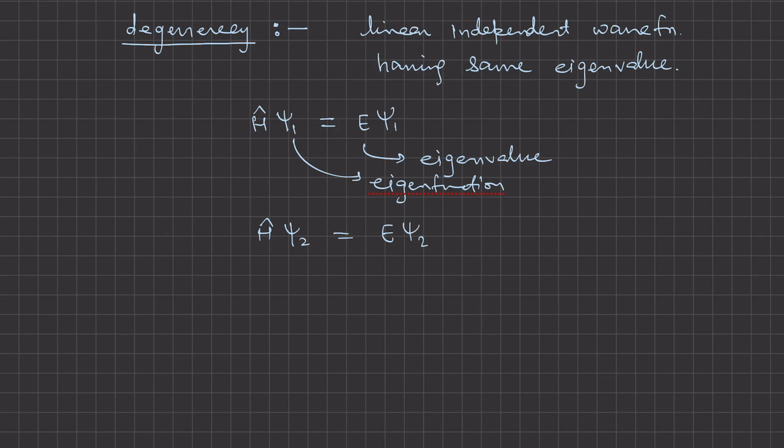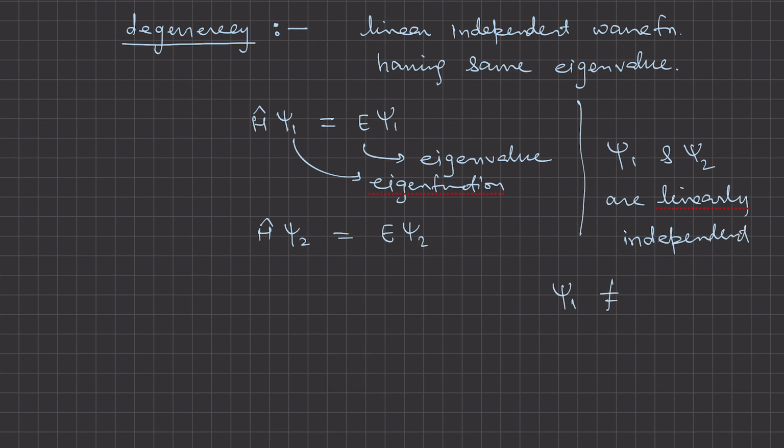In that case we have one doubt that there might be a case of degeneracy, but provided that psi 1 and psi 2 are linearly independent. Linearly independent means psi 1 cannot be written as c times psi 2. You cannot write it; they are not depending on each other. So only in this case we can say that psi 1 and psi 2 are degenerate.